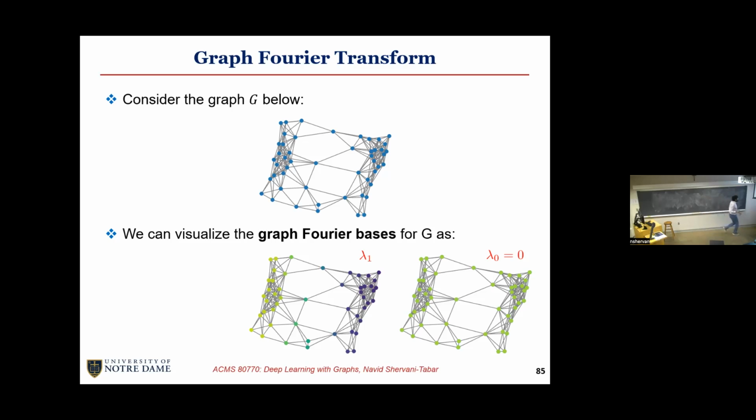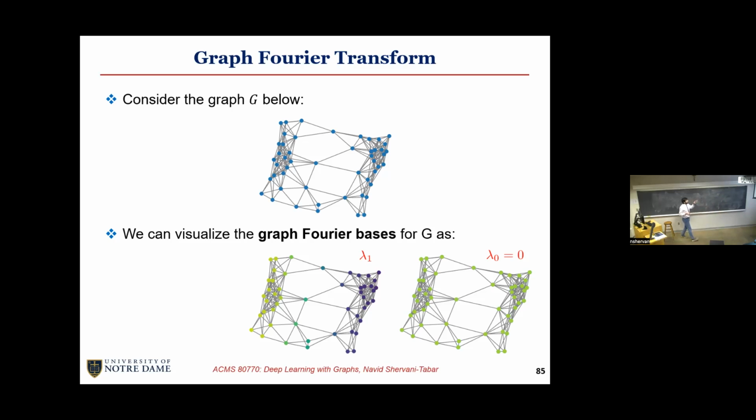And when I move to the ones that are farther from them, those are similar to each other, not the same, similar, and it varies slowly across those nodes. But when you move from one side of the graph to the other, you see that the changes are larger, the values are more different.